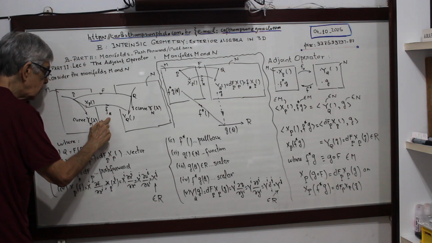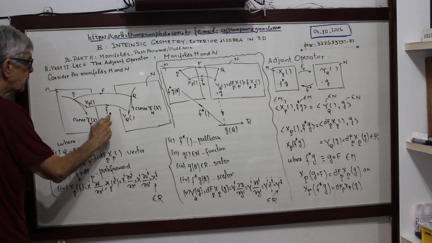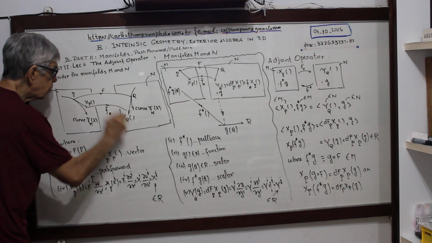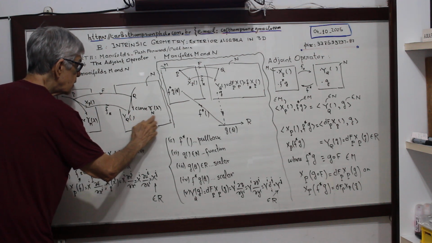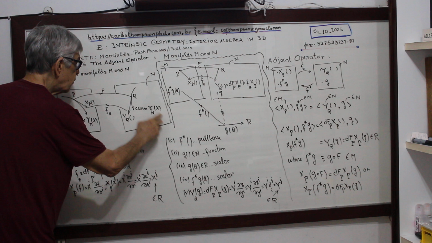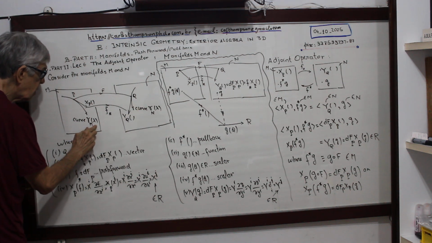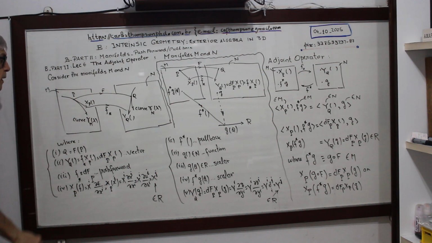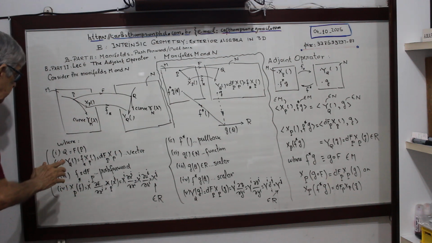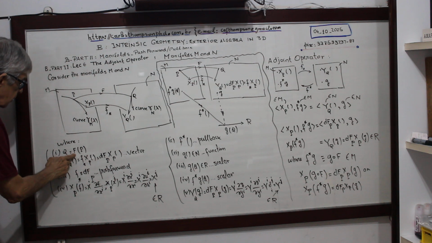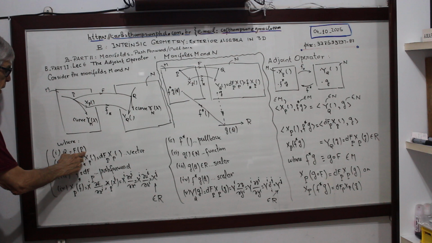This push forward maps vector to vector. Okay? That's a curve gamma N of lambda. That's a curve gamma M of lambda. There's a point P. Now, Q is this map F acting on P.